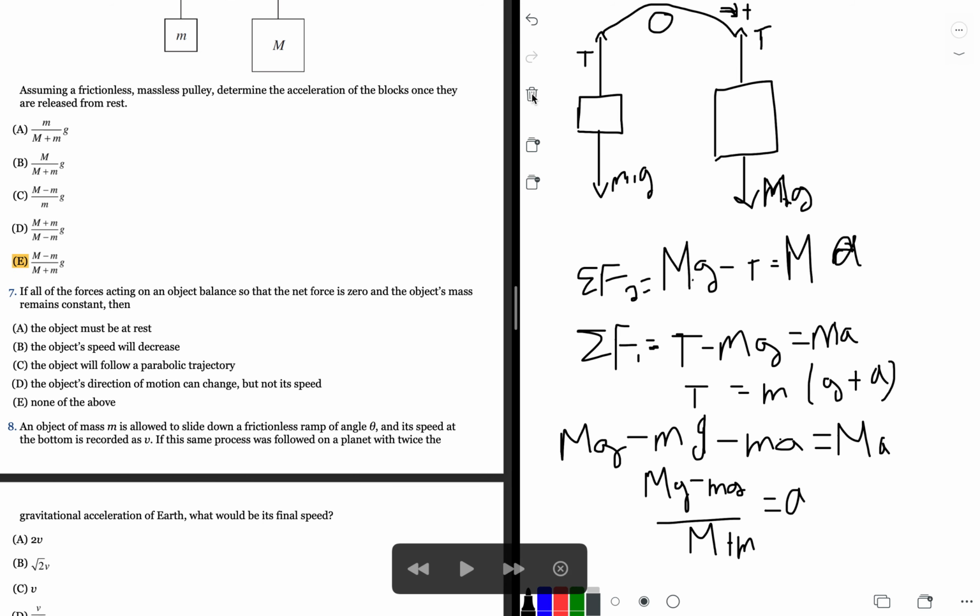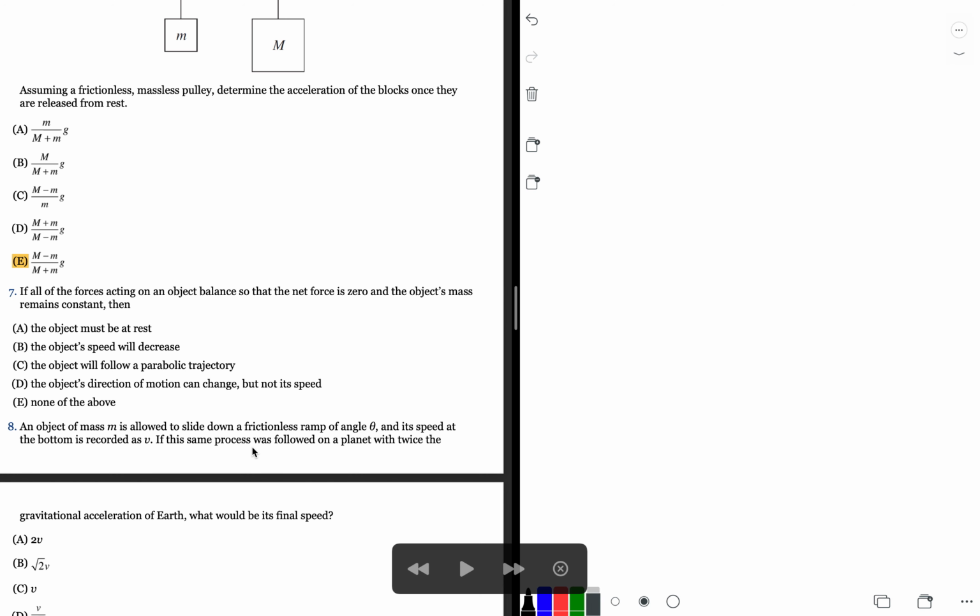So 7. If all forces acting on an object balance so that the net force is 0 and the object's mass remains constant, so there's no net force in any direction, the object must be at rest, A. It's actually not true. It could have a net force of 0 but still constant velocity. The acceleration has to be 0.